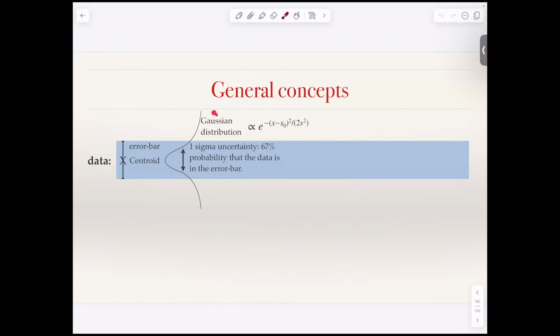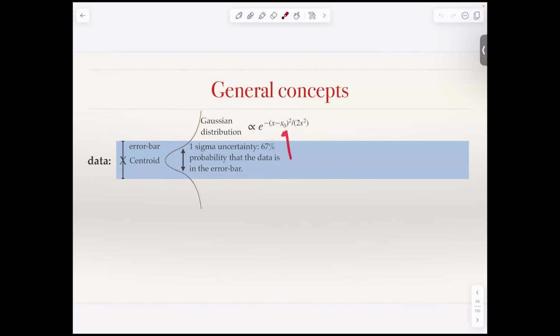Okay, if you assume, for instance, that you have a Gaussian distribution, you can translate it in this way. And for instance, if the observer tells you that the error bar represents 1 sigma confidence level or 1 sigma uncertainty in their analysis, in a Gaussian distribution, it means, if your signal is Gaussian, that it is behaving in this way.